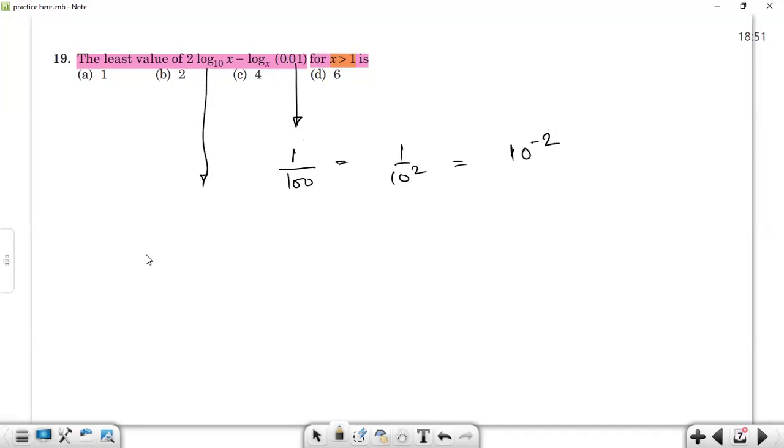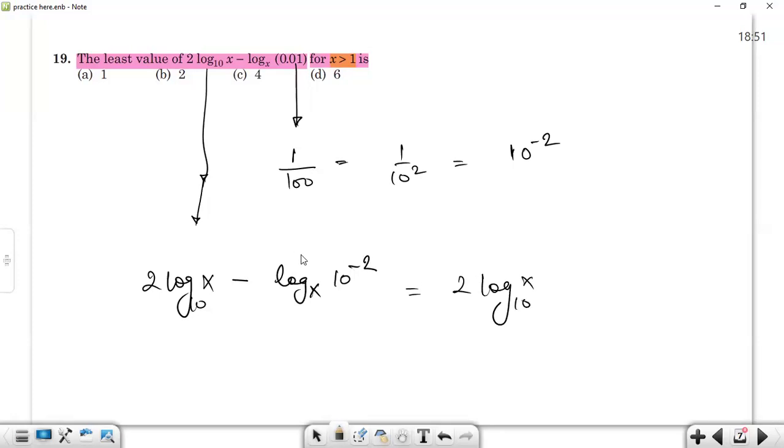Understood? Yes, sir. So writing it further: logarithm of x to the base 10 minus logarithm of x, 10 raised to the power minus 2. Now solving it further, taking minus 2 ahead because it's in the power. So 2 logarithm of x to the base 10, minus into minus of 2 will become plus of 2 logarithm of 10 to the base x.